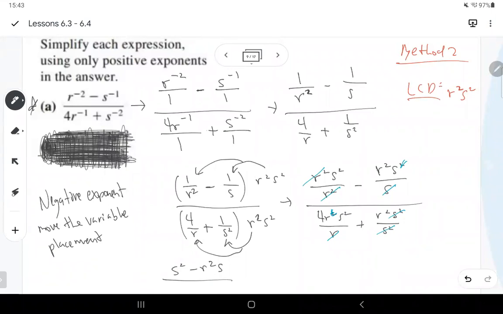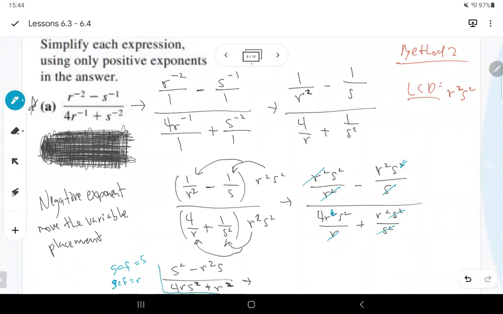And then we have 4rs squared plus r squared. If you wanted to pull out GCFs, we have a GCF of s and a GCF of r.